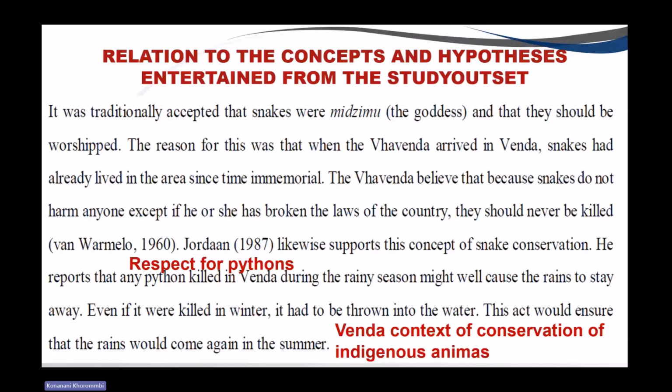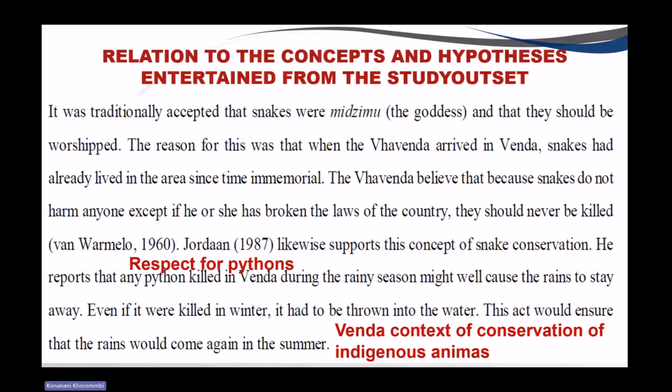This act would assure that the rains would come again in the summer. Now I show that the reason why it should not be killed is so that influenza should not be there, and that rain should not stay away. Now, the Bavenda, as a result, do respect pythons and they don't kill them. This is in accordance with the authors.